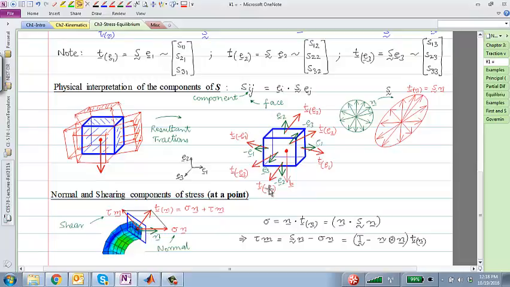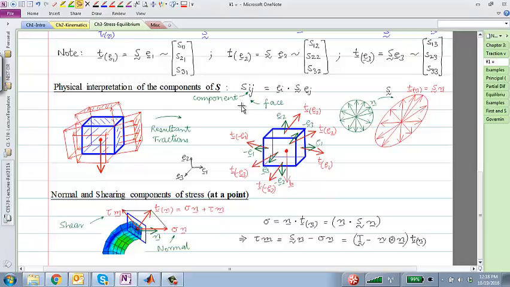They should be minus of each other only when the size of this cube tends to 0, right? Because if the size of this cube is not 0, then we are not talking about the same point. So this would be equal to negative of this vector, and the same thing for all the other 4 faces, so total 6 faces.